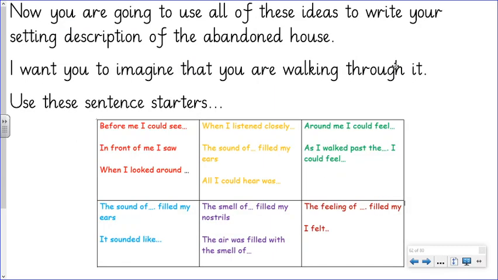Now you are ready to use all of your ideas to write your setting description of the abandoned house. When you're writing your setting description, I want you to imagine that you are walking through the house. I've got some sentence starters here for you so that you're not just writing, I could see, I could hear. We want to make our writing as exciting as possible. So we've got sentence starters for what you could see.